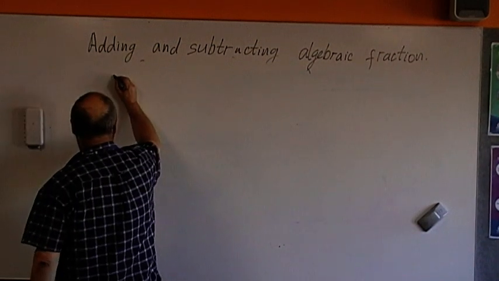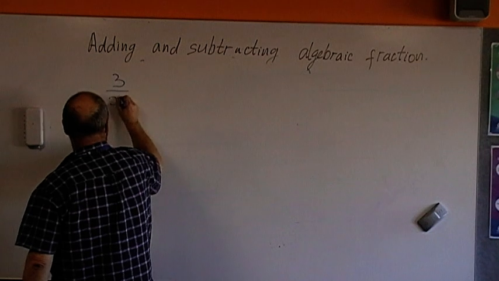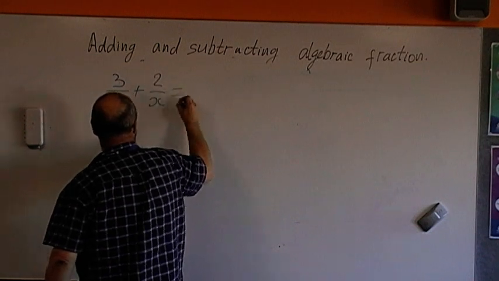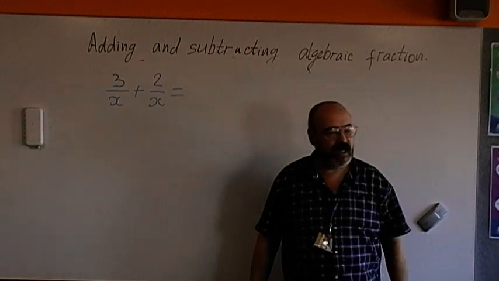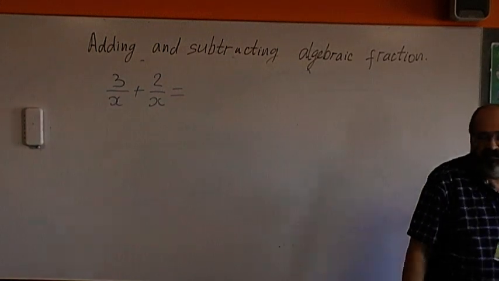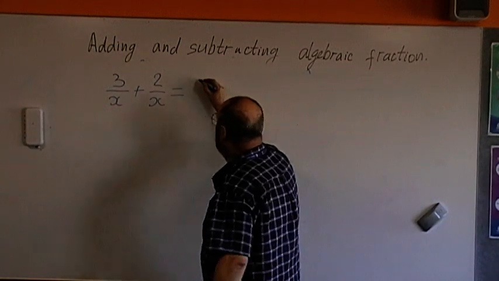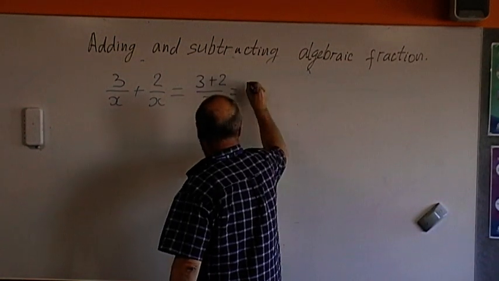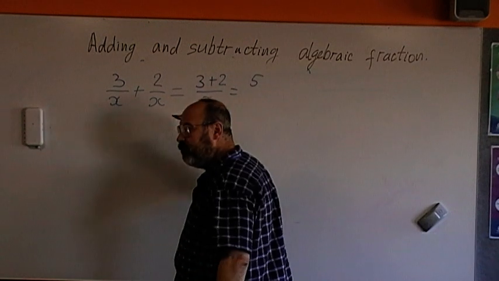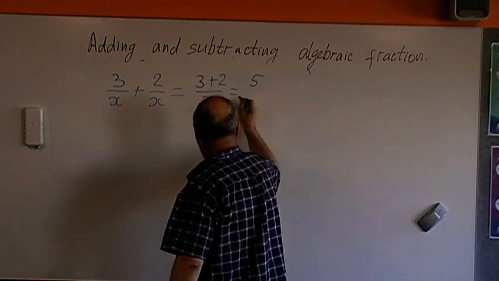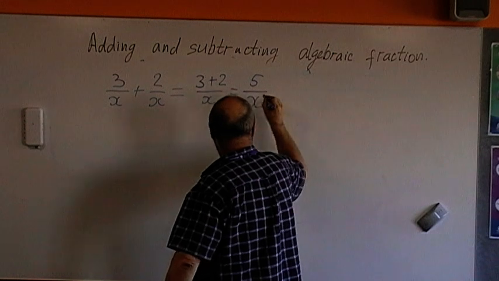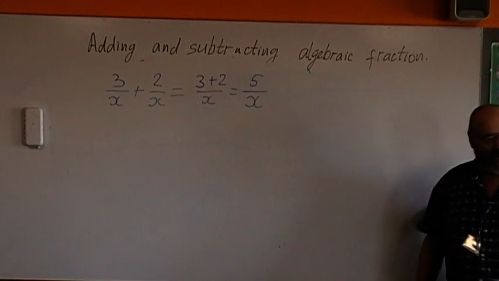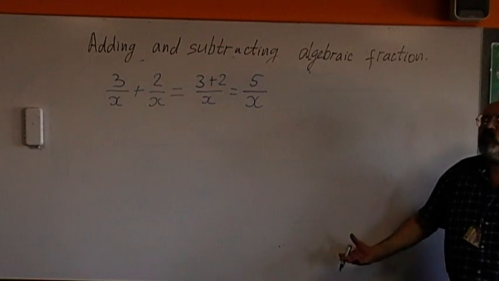If we have 3 over x plus 2 over x, do they have a common denominator? Yes, it's the same, so we can put it together straight away. 3 plus 2 over x equals 5 over x. It was already the same.